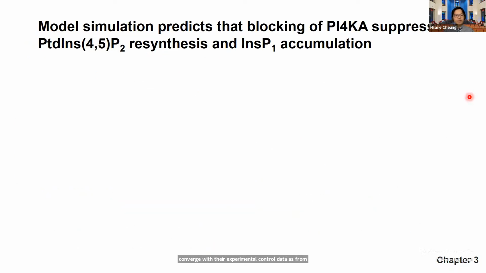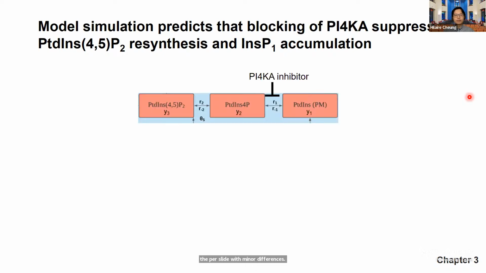Again, in Chapter 3, afterwards, we would like to examine the effect of different phosphoinositide kinase or phosphatase inhibitors on the whole metabolism. We've chosen PI4KA, which is an enzyme which converts PI to PI4P and plays a role in PIP2 resynthesis.